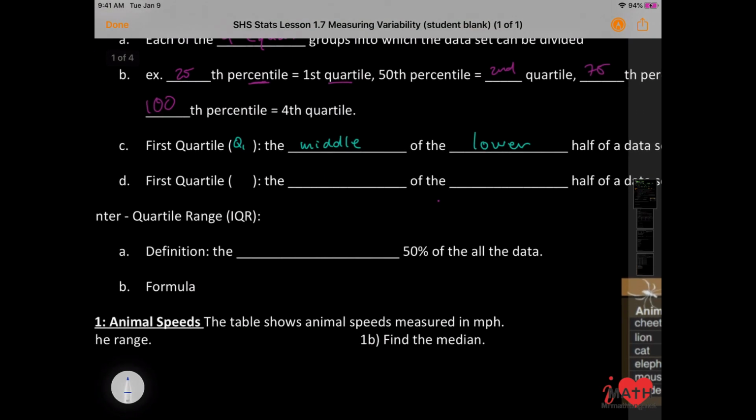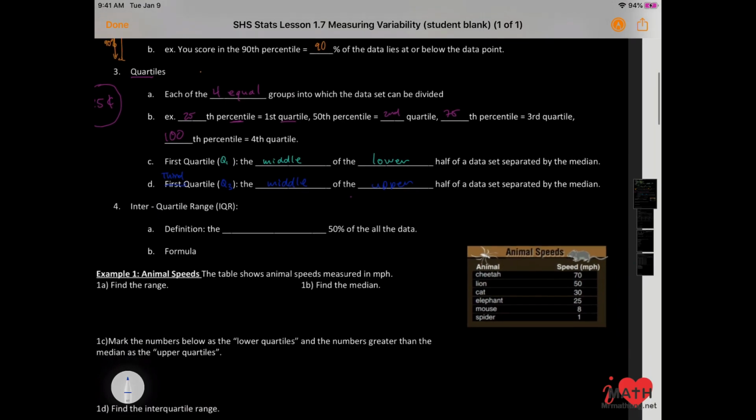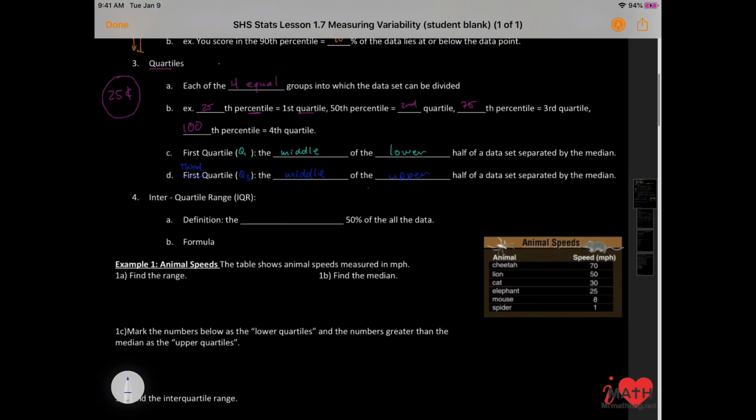And then the third quartile, which is Q3, is the middle of the upper half of the data that is separated by the median.